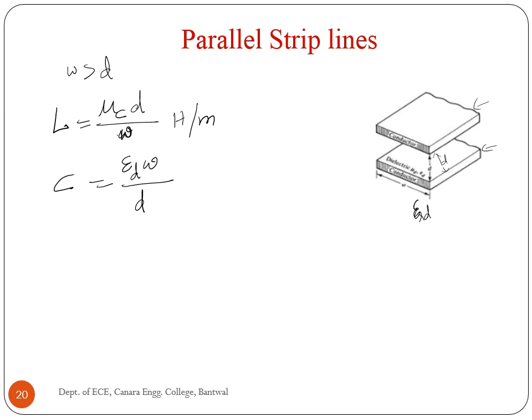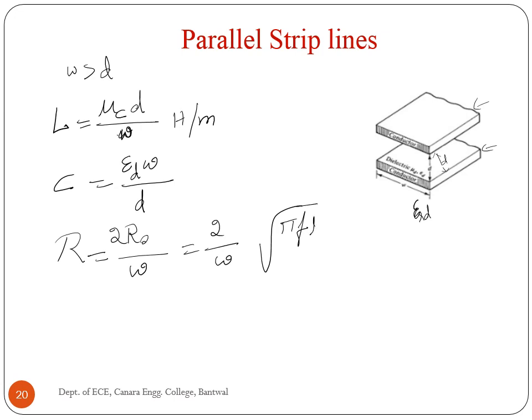The series resistance for both strips is given by 2 into Rs divided by width, which is equal to 2 by width root of pi f ohm per meter.